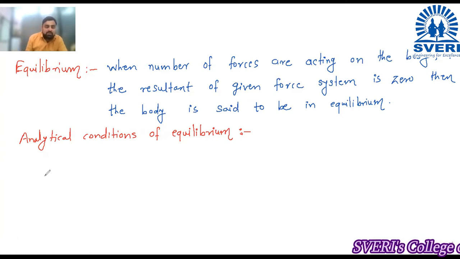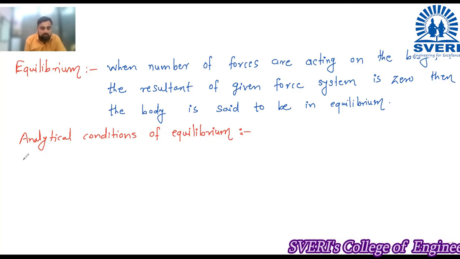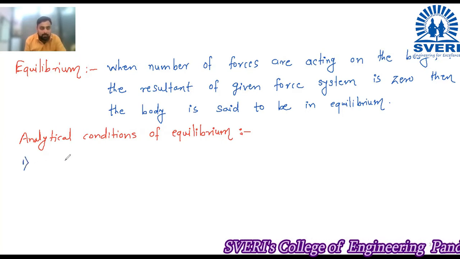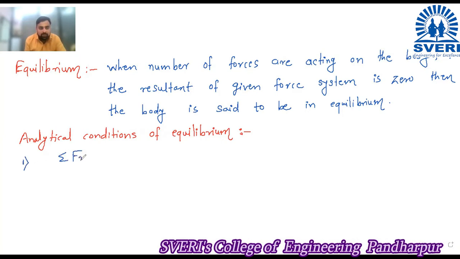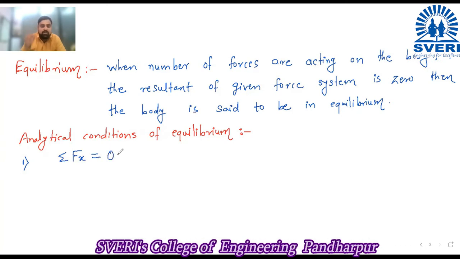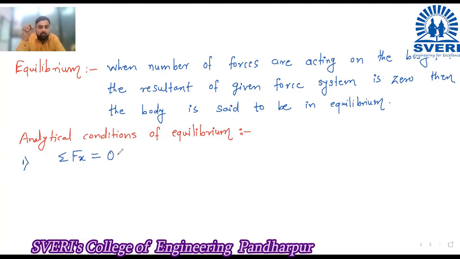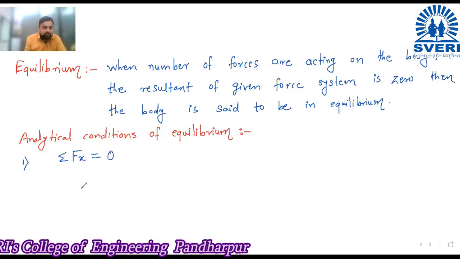So I will write each equation one by one. The first equation is summation Fx equal to 0. In some books it is given as summation H is equal to 0. So the meaning is the same.